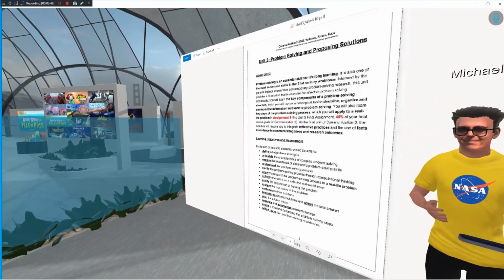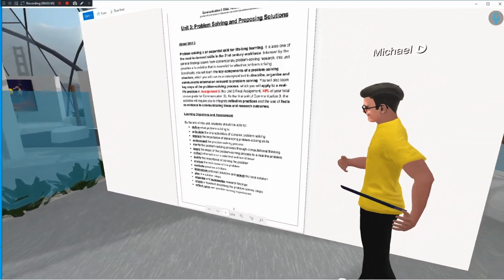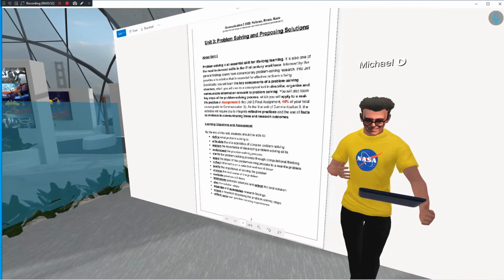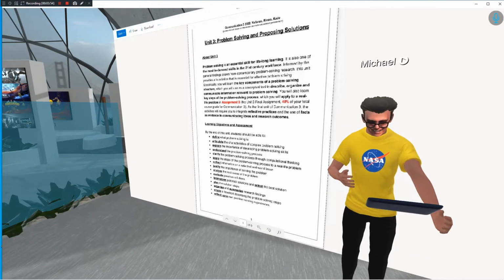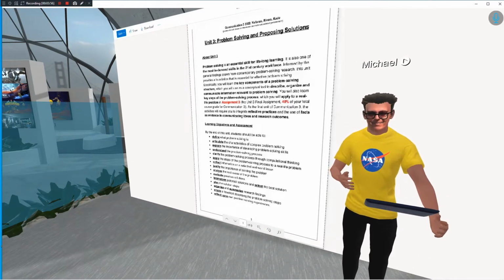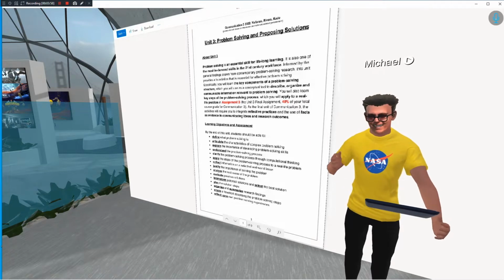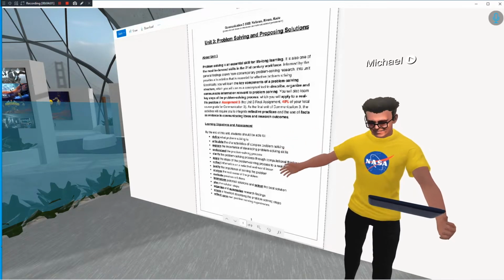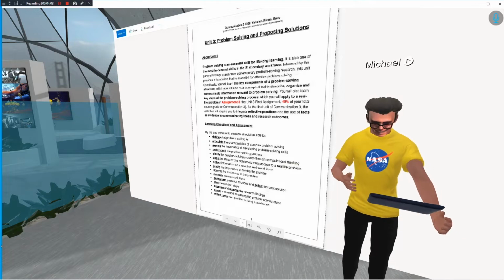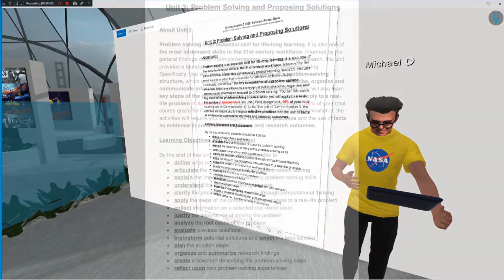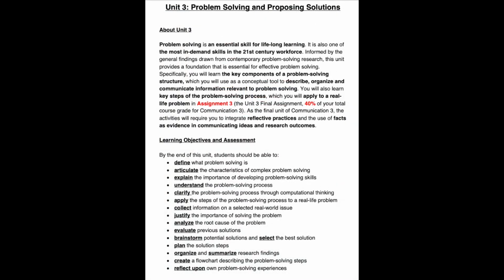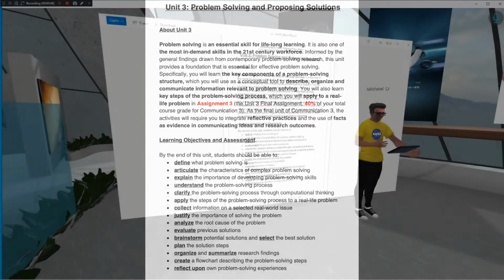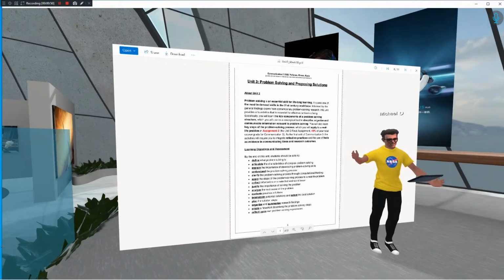So let's begin by looking at the PDF, page 1, which lists the learning objectives of this unit. And many you will recognize are taken from Unit 1, Bloom's Taxonomy. So begin by reading page 1.